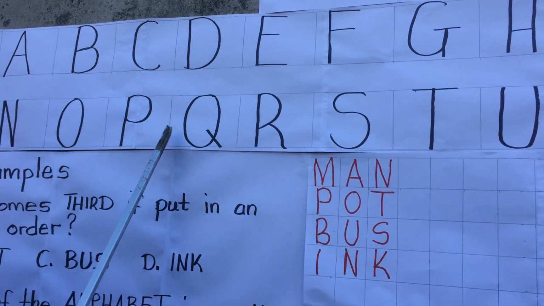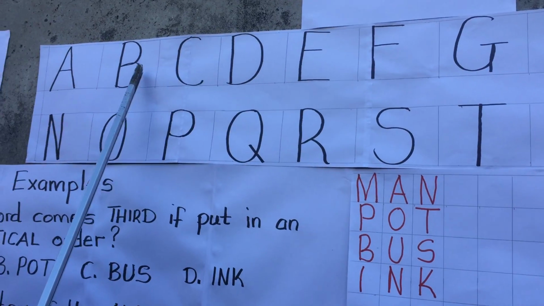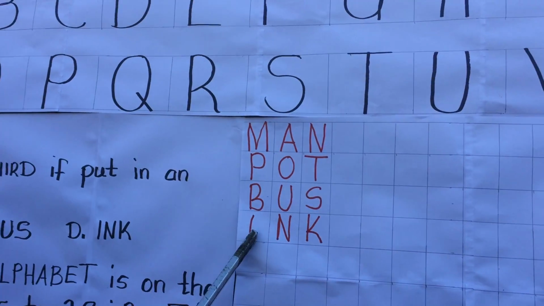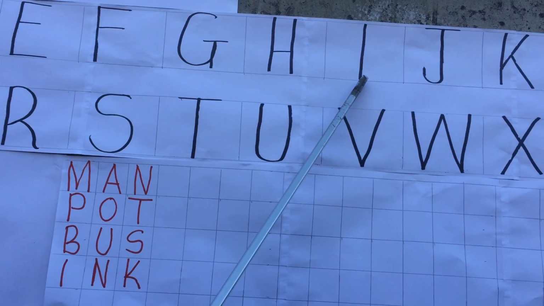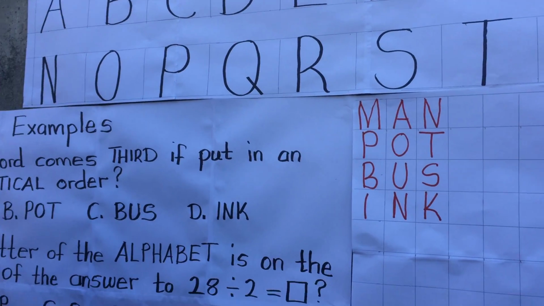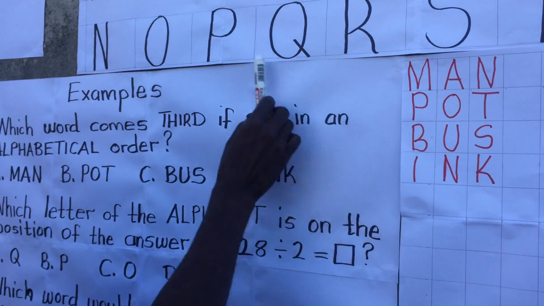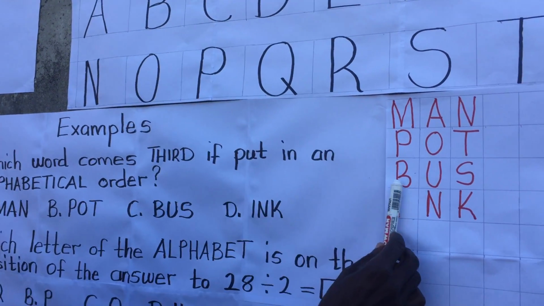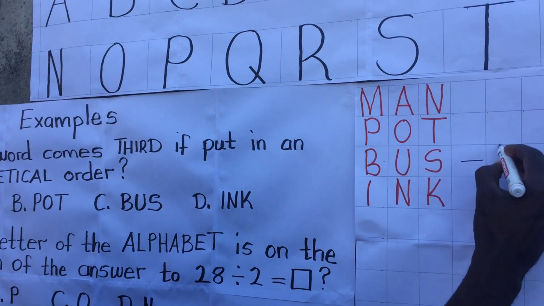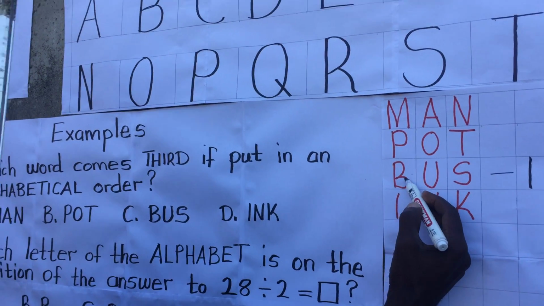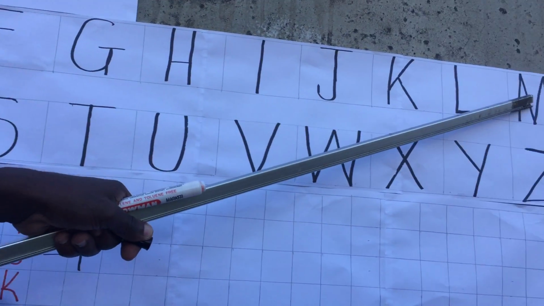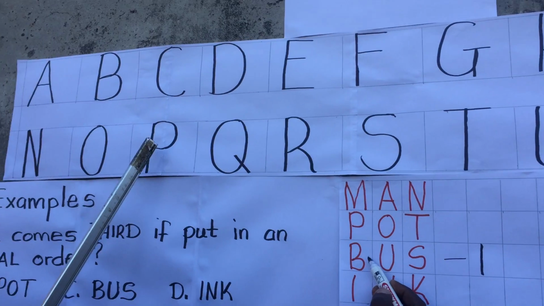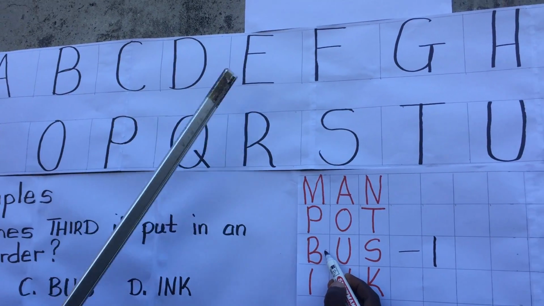And where is B? Our B is there. I is there. So you realize that our B, A, B, B, this will be our number 1.